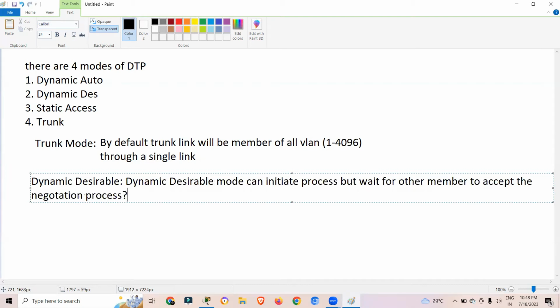When the switch interface is in this mode, it can initiate the process, but the other side must negotiate. The meaning of negotiation is that the other side must be in trunk, dynamic desirable, or dynamic auto mode.